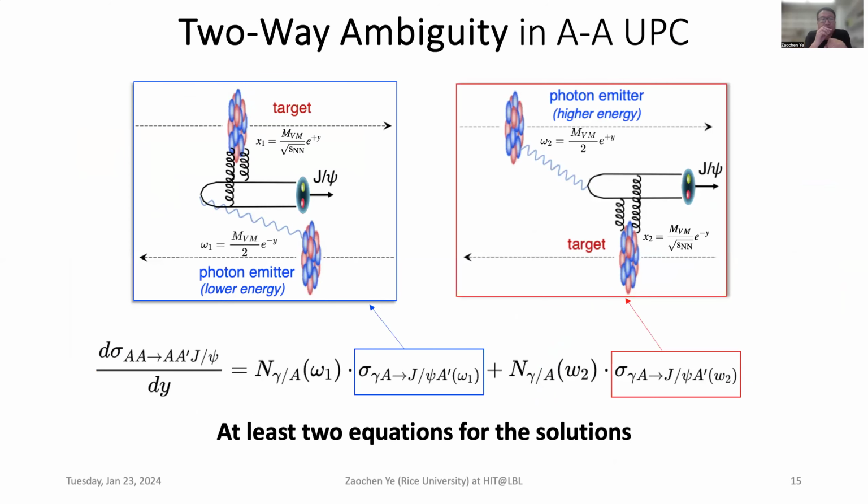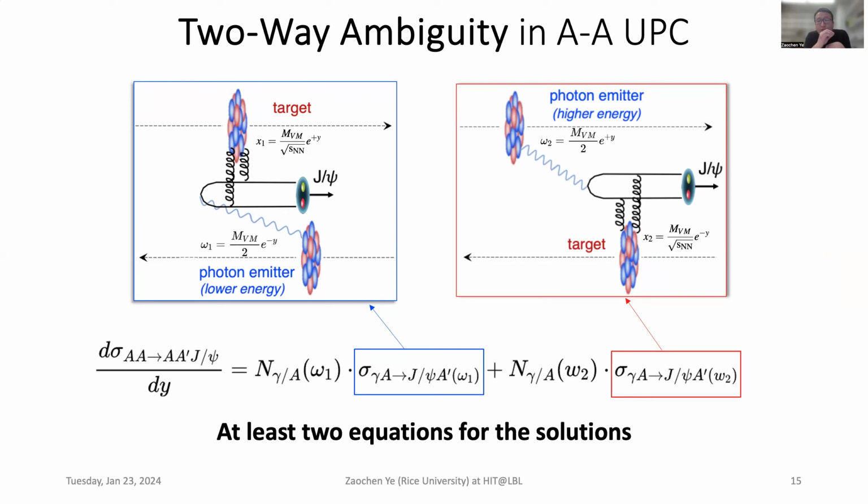The two-way ambiguity in the experimental data is mainly due to the symmetric nucleus-nucleus UPCs. The measured J/psi at a given rapidity can be produced via a lower-energy photon interacting with a higher-x gluon of the target nucleus.